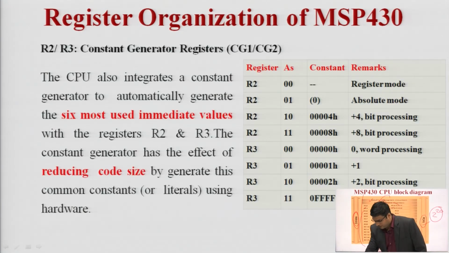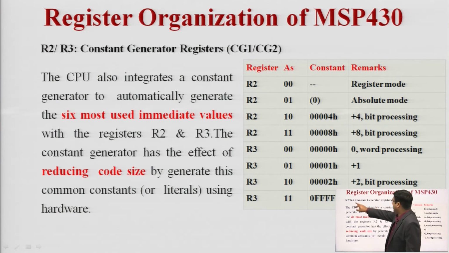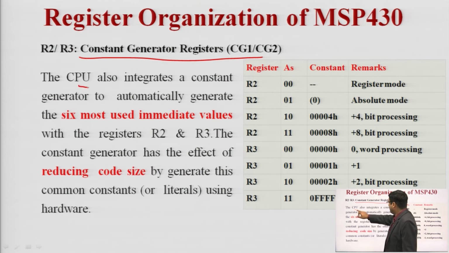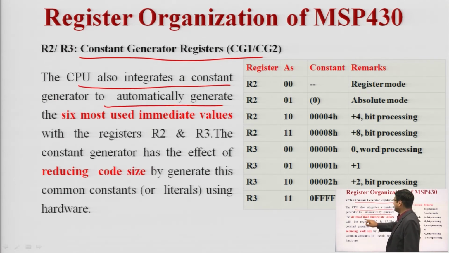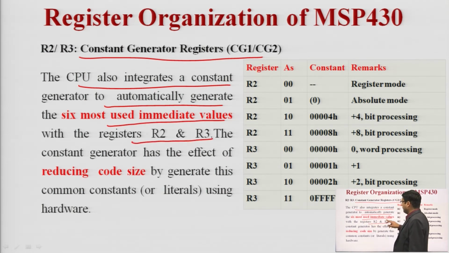We have seen that R2 and R3 are available as constant generators, CG1 and CG2. The CPU integrates a constant generator to automatically generate the 6 most common immediate values with the registers R2 and R3.